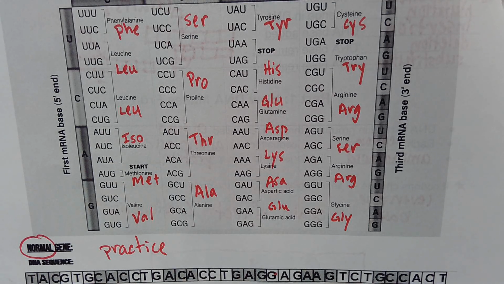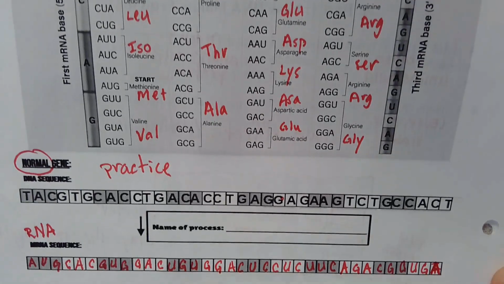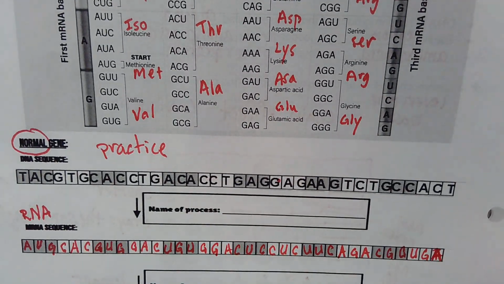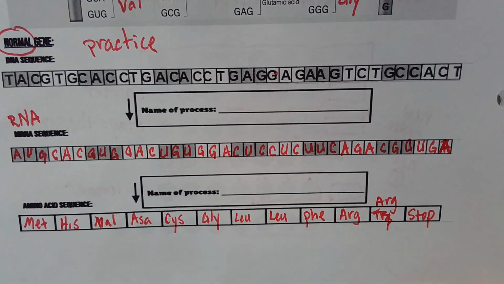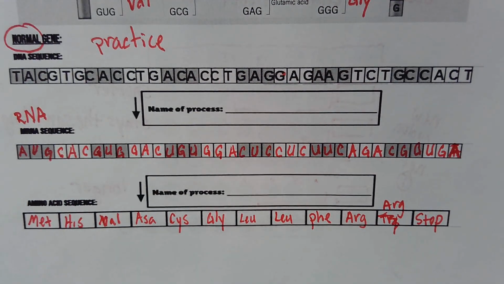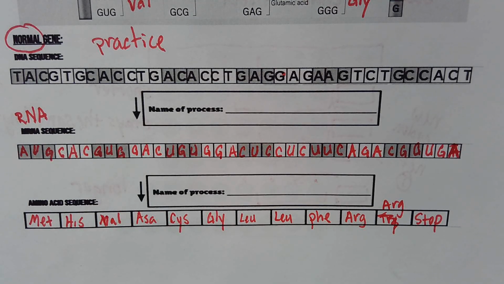I'll be honest, one of the easiest ways to check if you've got it is you can go through and check all the letters, but if you check the amino acids, that's one of the fastest, easiest ways to check. They're not always going to change because of a change in the bases, because remember, you can have different combinations.